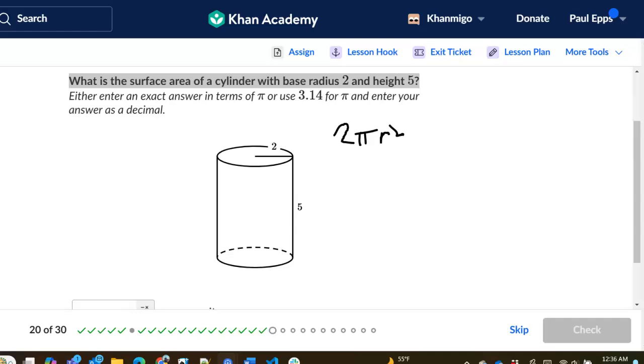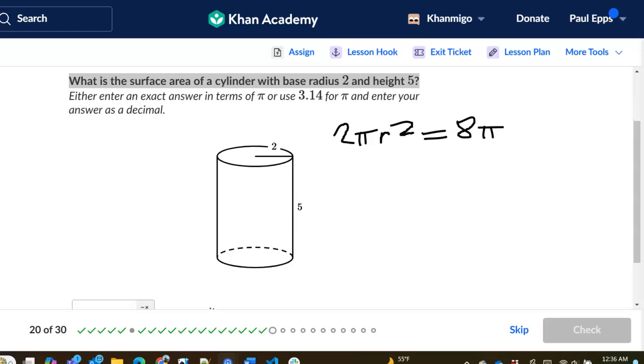So that is 8 pi. Sometimes this just doesn't want to work. Equals 8 pi.